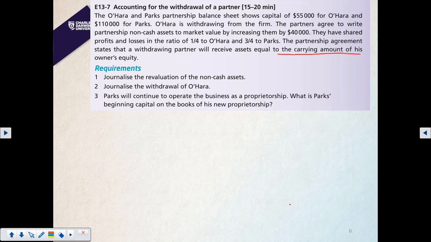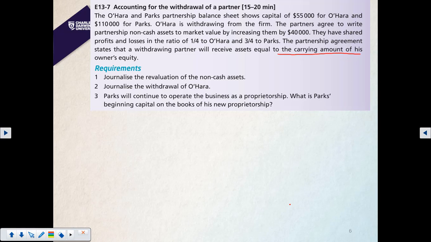The partners agree to write partnership non-cash assets to market value by increasing them by $40,000. Whatever the asset is right now, they will be increased by $40,000. They share profit and loss in the ratio of 1/4 and 3/4 to the Parks. The partnership agreement states that the withdrawing partner will receive assets equal to the carrying amount of his owner's equity.